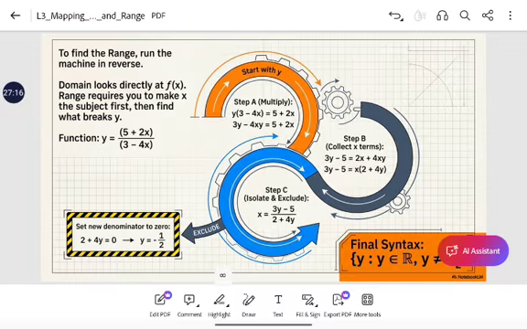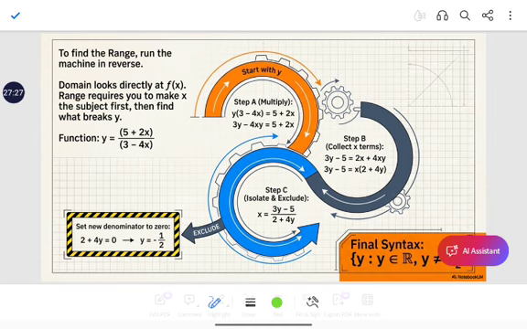Good. So we want to run through how to find the range of a function. Good. So to find the range, our function machine must go the other way around. Okay. So now this is our function, and this function will produce our domain.